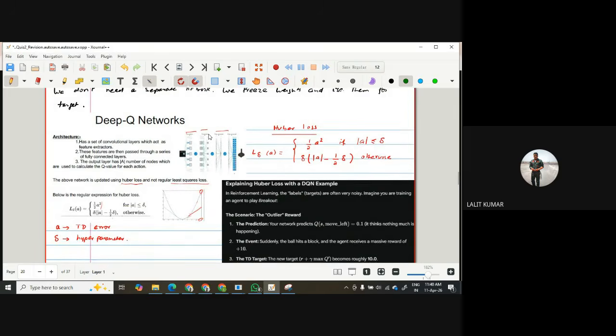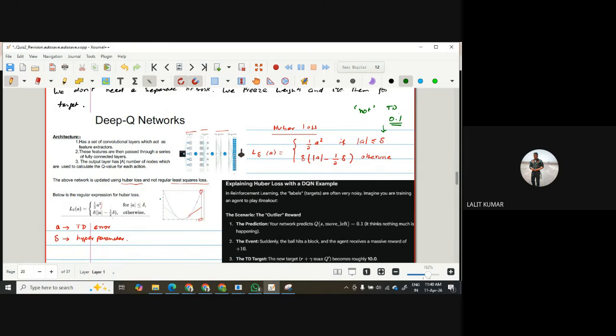Now, another concept is Huber loss. In the deep QN, we used Huber loss. The loss function is half A square if the absolute value of A is less than delta. This delta is not the TD error; it is a hyperparameter, for example 0.1.